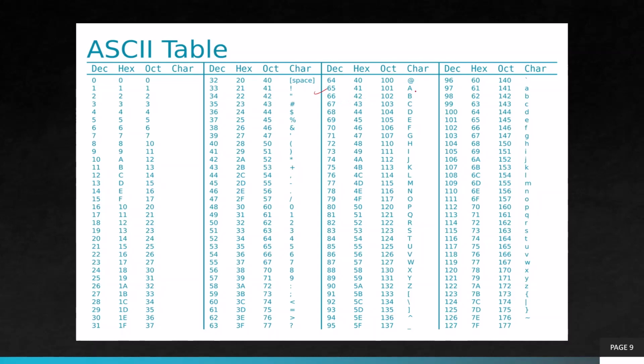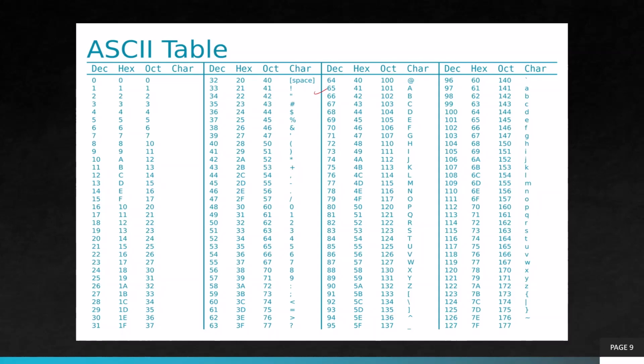As you can see, A denotes 65, B denotes 66, C denotes 67, and every character has its decimal number. On the basis of that, conversion can be done, and at the back end the system understands it. So we will see how the conversion can be done, and for that I'm going to take a word, let's say cyber.